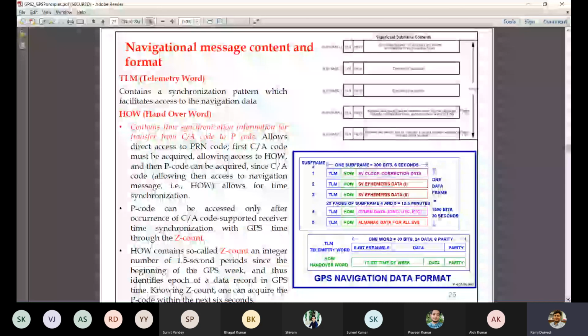Initially, you were doing it for the CA code to get an estimate of the range, but then you need the P code to have a more precise range measurement, and then you move from CA to P code with the help of this handover word.